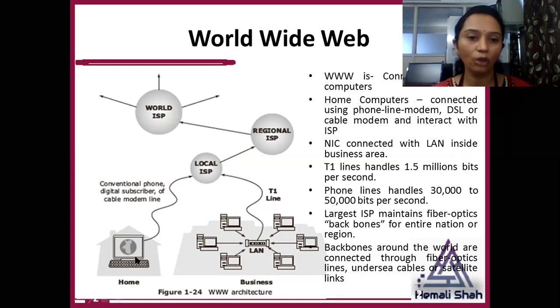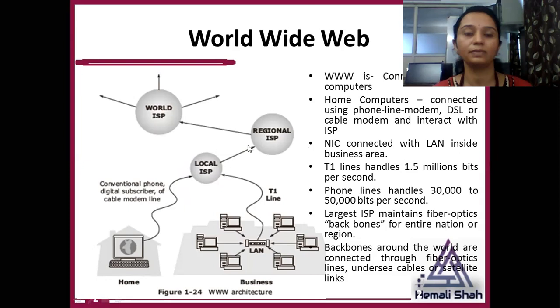Whenever this home computer wants to send something to a computer available in the US, and this computer is in India, this computer sends the data to the US computer. At that time, the phone line sends the data of the home computer to the local ISP. This local ISP sends that data to the regional ISP.